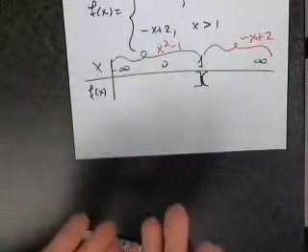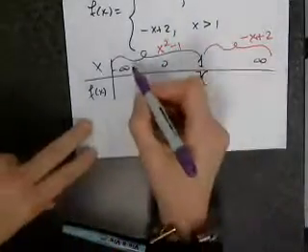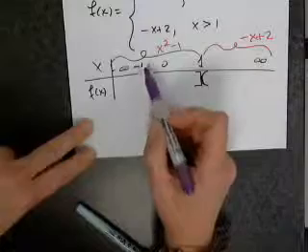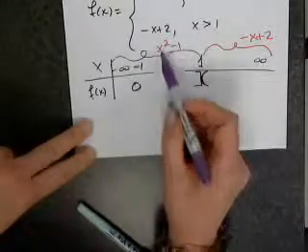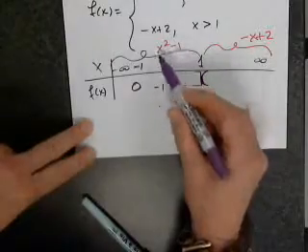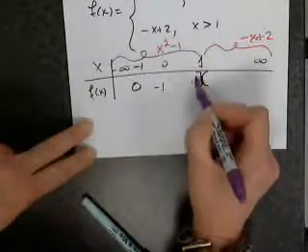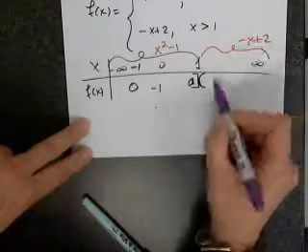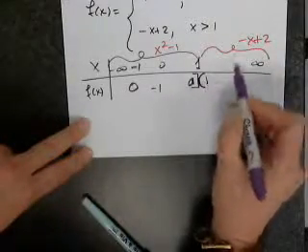And go to negative 1 as the minimum. So plug in negative 1, please, and tell me what to write. Exactly. Please plug in 0 and tell me what to write. And please plug in 1. Right. So we knew that. On the other side, please plug in 1 and plug in 2.